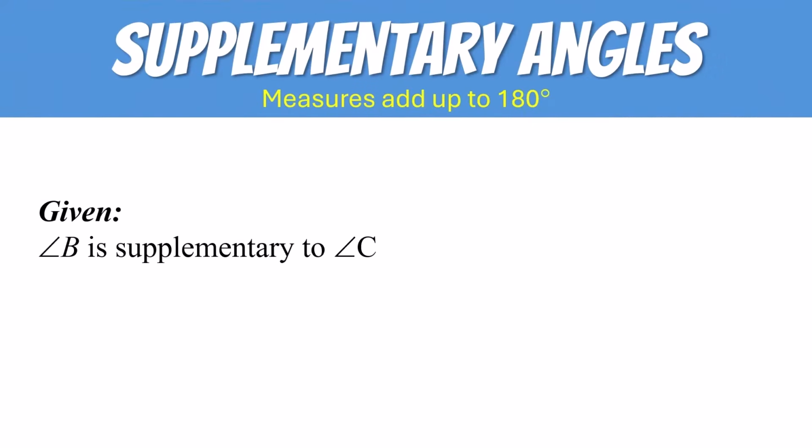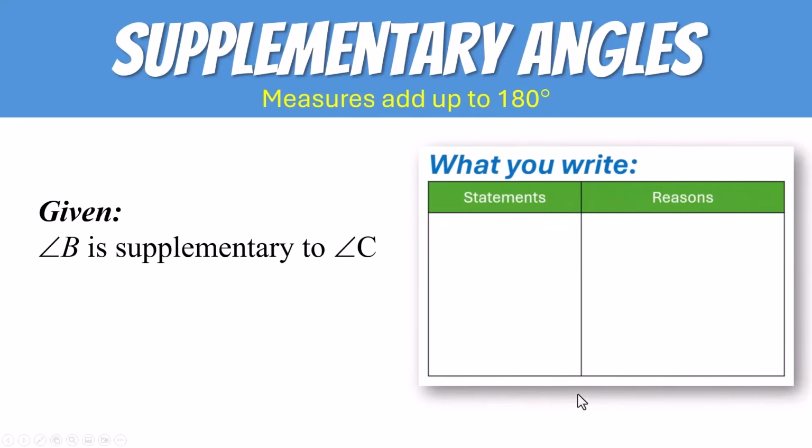Supplementary angles. If you have this showing up in a proof and your given information is that B is supplementary to C and you need to do something with that, it usually means you're going to have to switch this up from something that is just using the name of the angle to something that's talking about the measure of the angle. If you're told that these two angles are supplementary, that means you have to make a math equation.